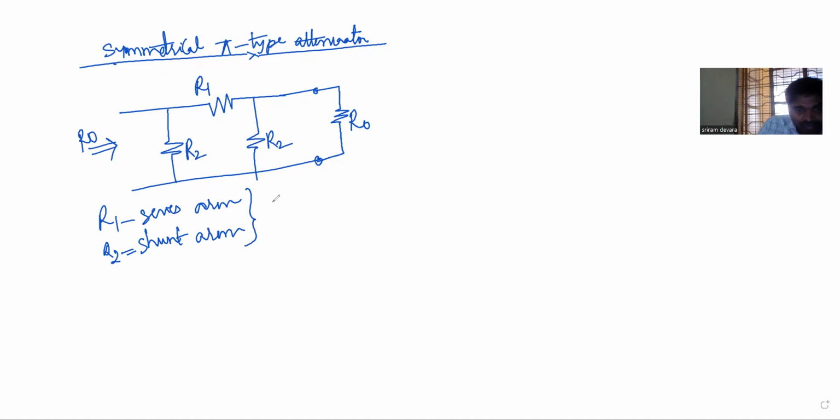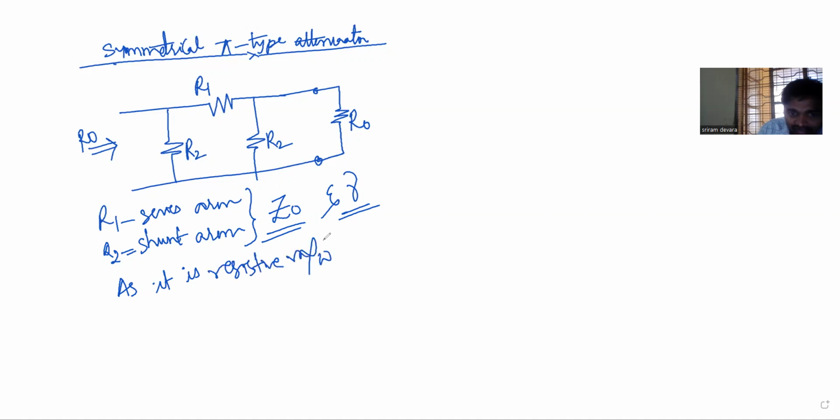These two can be represented in terms of Z0 and gamma, the characteristic impedance and propagation constant. As we know, this symmetrical pi-type attenuator is a resistive network. Therefore, Z0 is equal to R0.